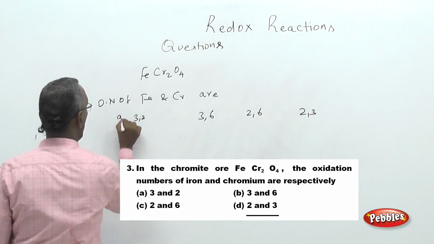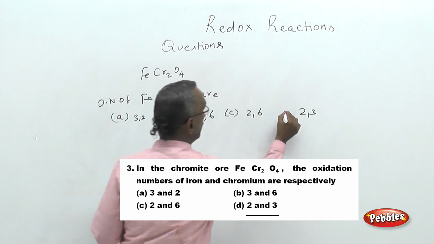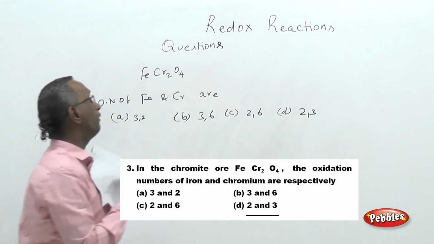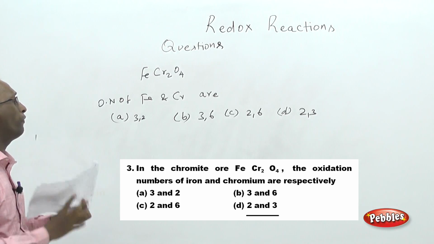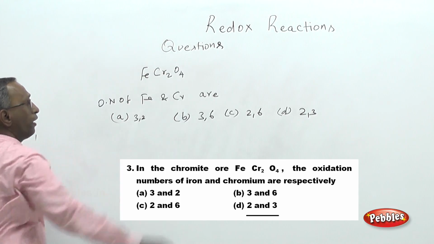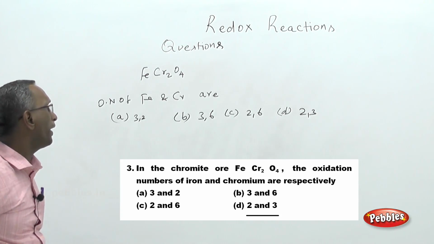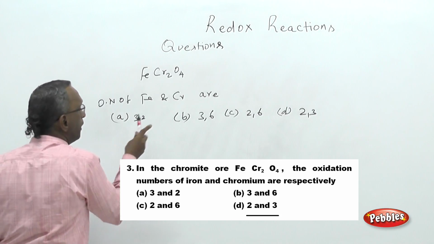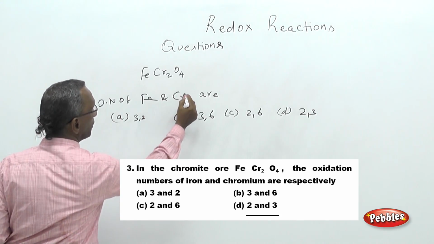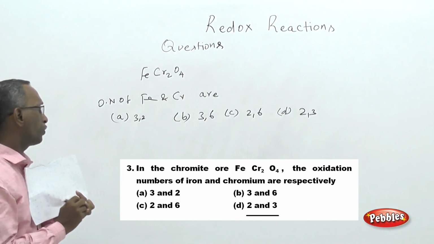So A, B, C and D. Which is the correct choice? We have to identify. Once again, to repeat the question: in the chromite ore of formula FeCr2O4, the oxidation numbers of iron Fe and chromium Cr are respectively. Four choices are given.